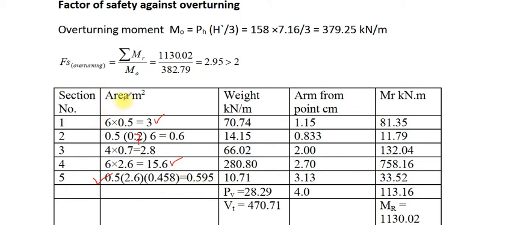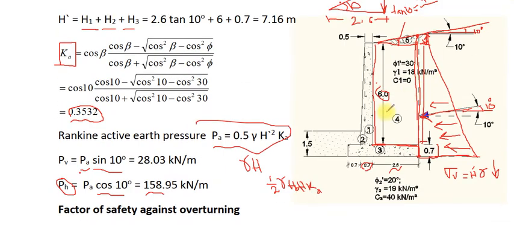Now this area, after multiplication by the unit weights. Section 1 is a concrete material, so we have to use the unit weight of the concrete.